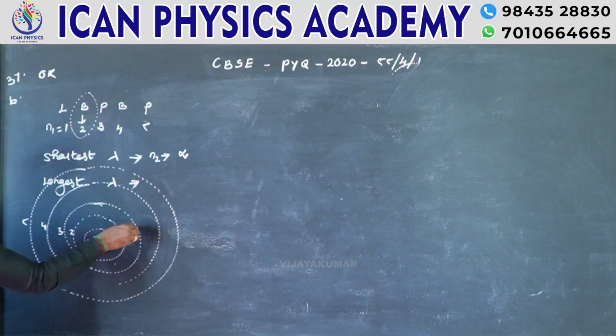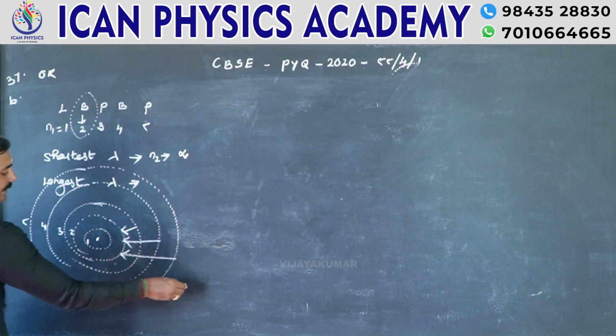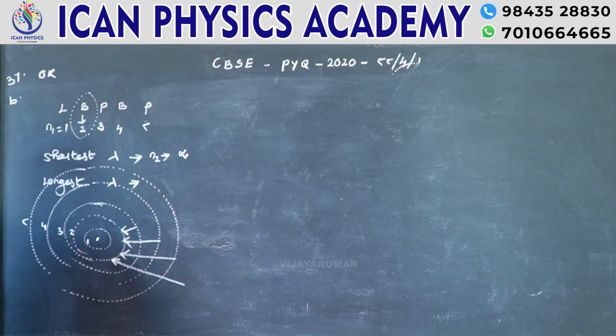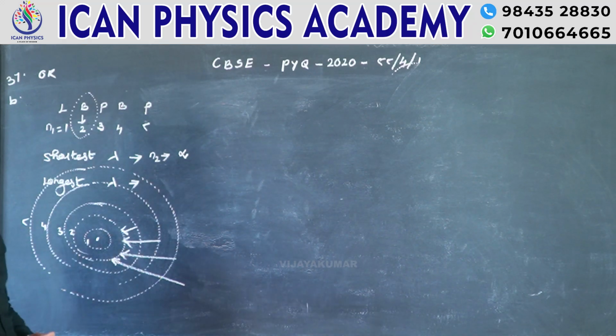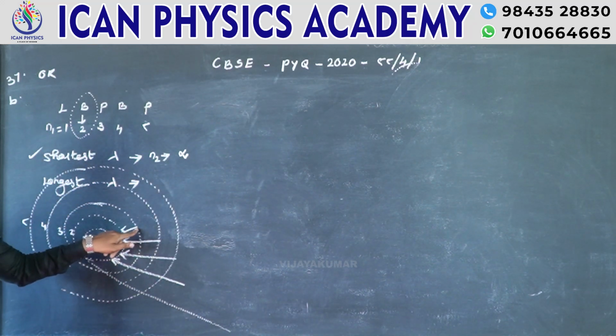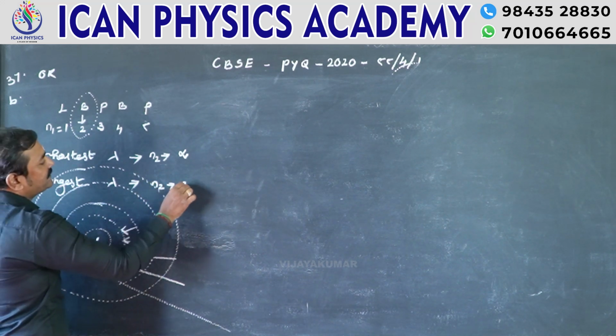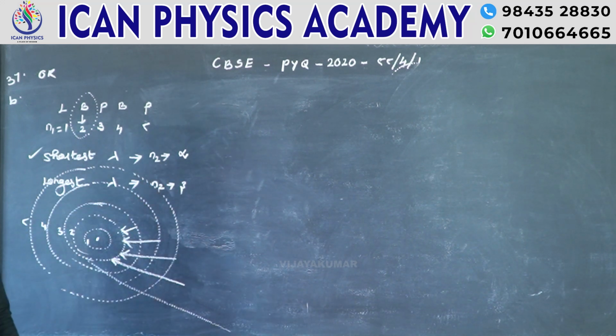Now, third to second, fourth to second, fifth to second, sixth to second. Then it is the Balmer series which lies in the visible region. Infinity to second is the shortest. So the immediate one, third to second, is the longest. So the value of n2 is 3 for the longest wavelength of the Balmer series.